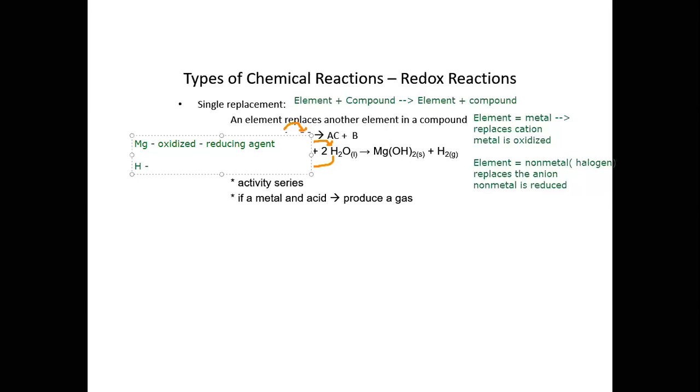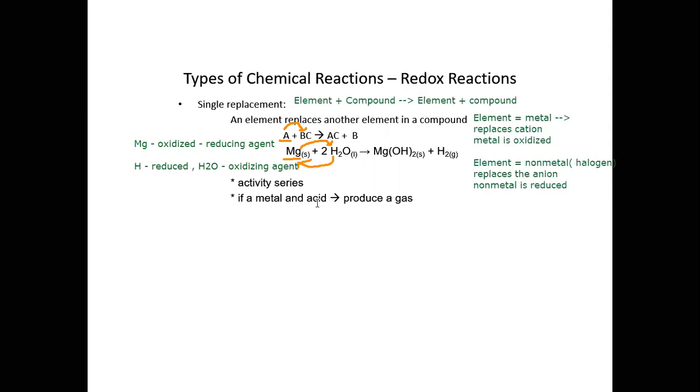Hydrogen is reduced, so H2O is the oxidizing agent. So the fact that the element is a metal means that the element is going to be the reducing agent. The compound will be the oxidizing agent.